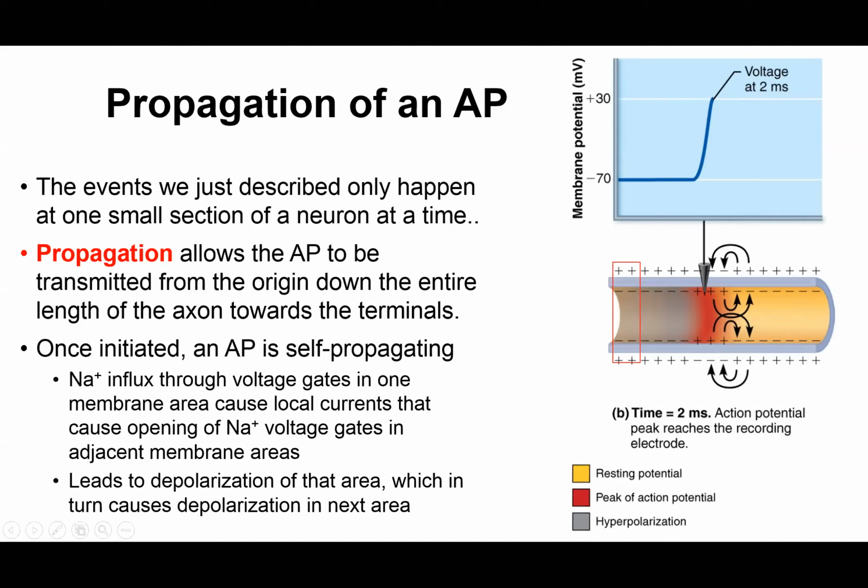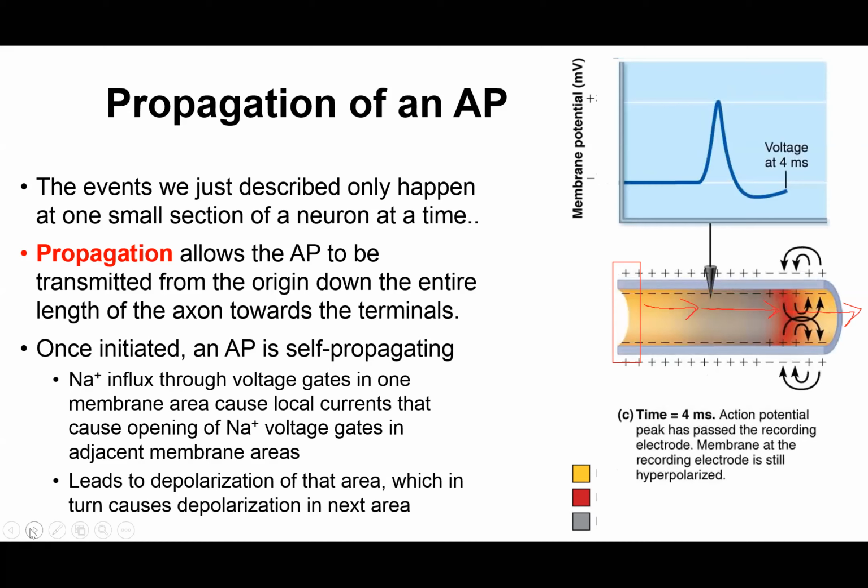And then the next section, and then the next section. So we see this membrane change occur down the length of the axon, okay? And so this is kind of how it's going to move along, all right?